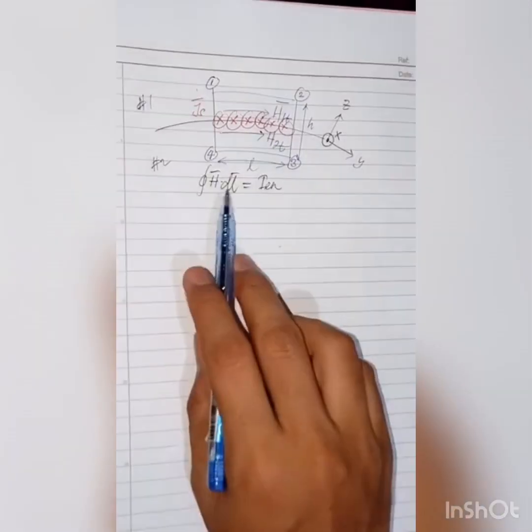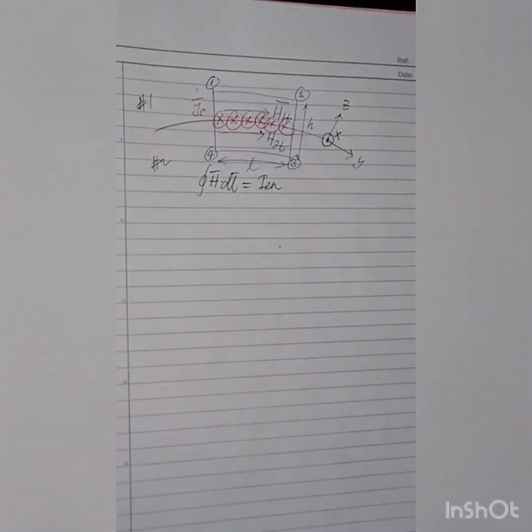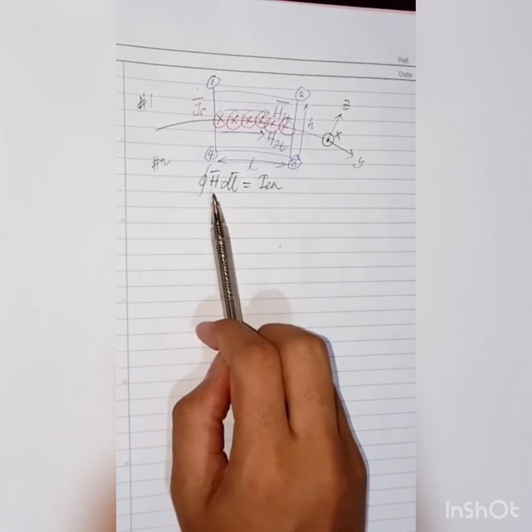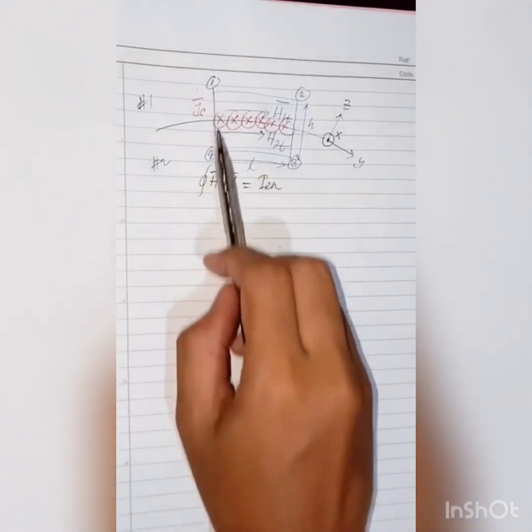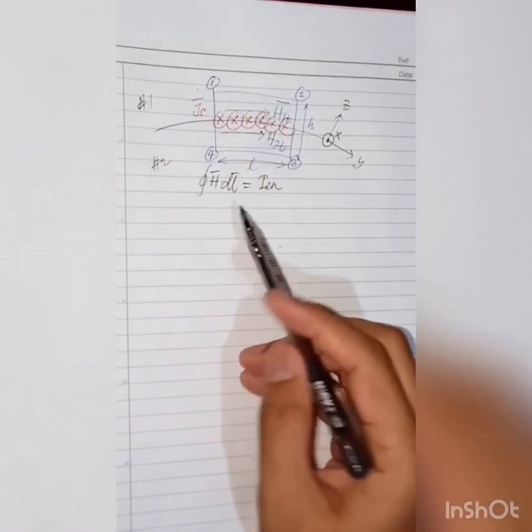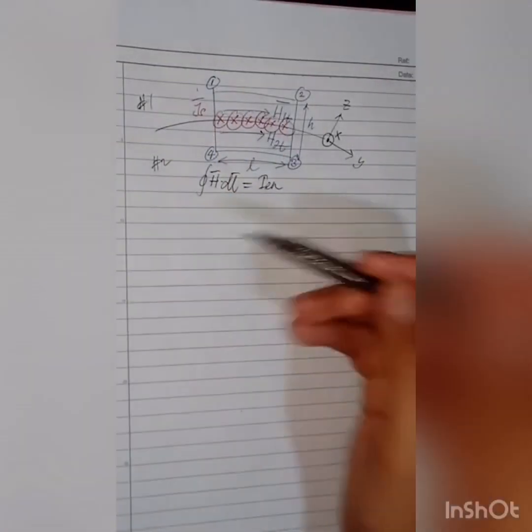Based on this Ampere's law equation, we have to split the integral into four different paths, since we have four different paths: 1, 2, 3, 4. So we are going to have four path integrations as shown here.